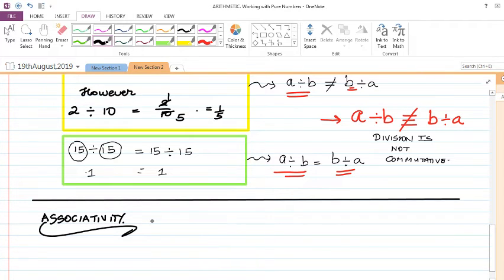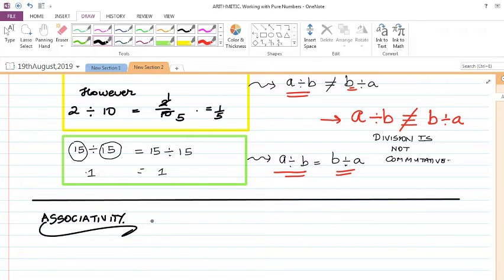Now, speaking about associativity, we are thinking about you having choices to choose who you wish to speak to. Who you wish to keep as friends and who you wish to keep as colleagues. Okay?